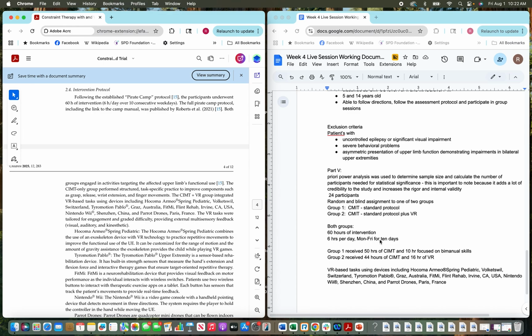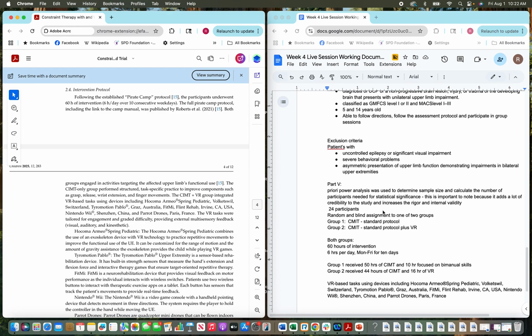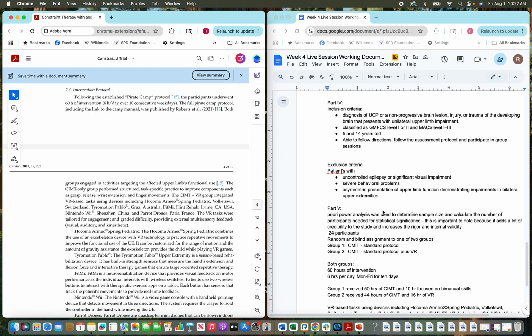What I'm interested in when I'm going to comment on this is why didn't they do 50 hours of CIMT for both and just 10 hours of VR? So that would be a question I would have in terms of why did they do 6 hours less in group 2? And then they told us what the VR based tasks are. So that in a nutshell would be part 4 and 5 of the paper.